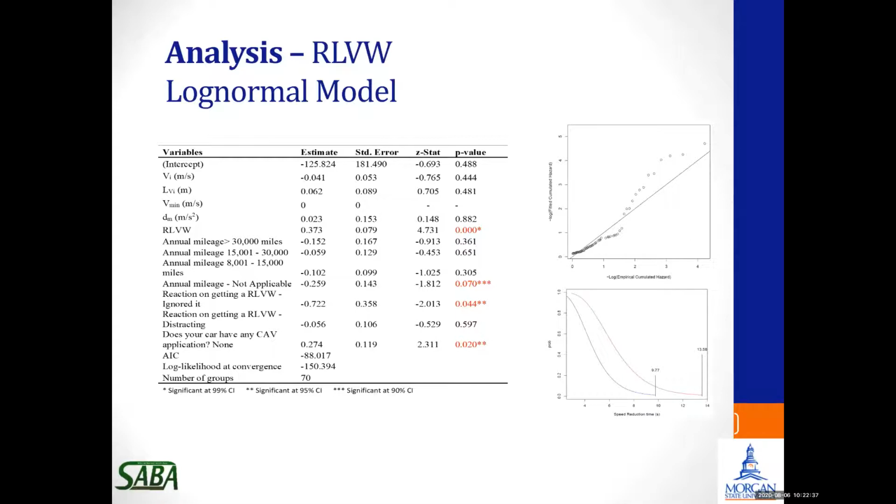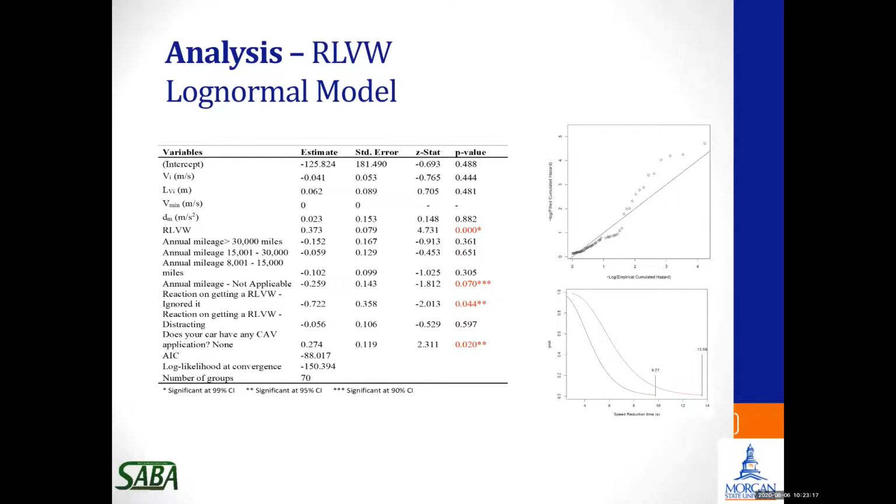At 5 seconds of speed reduction time, the survival probability for the baseline scenario was 37% compared to 75% with the red light violation system. And it drops even further at 7 seconds: only 9% in the baseline compared to 38% with the red light violation system.